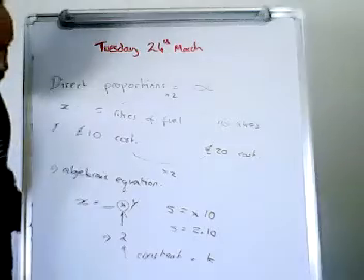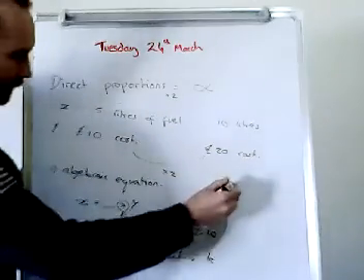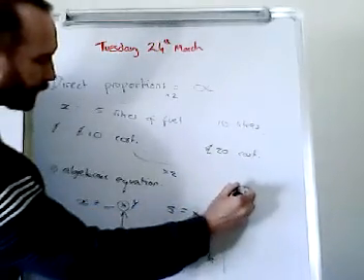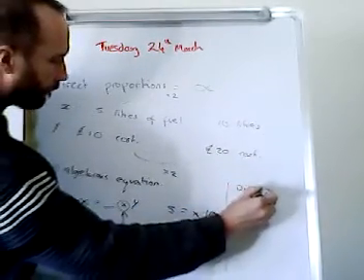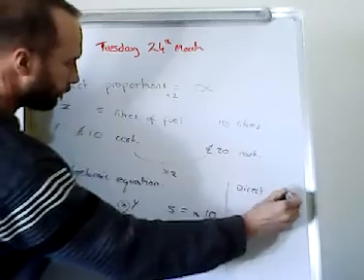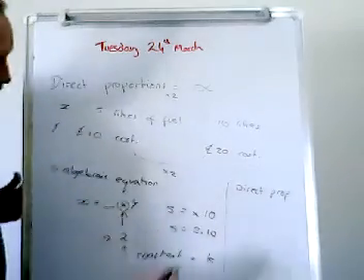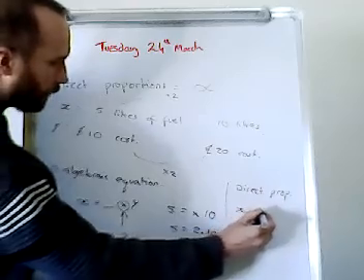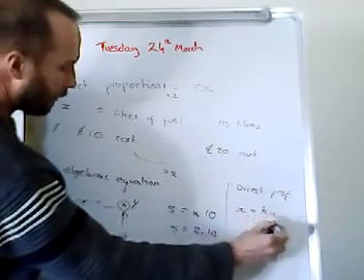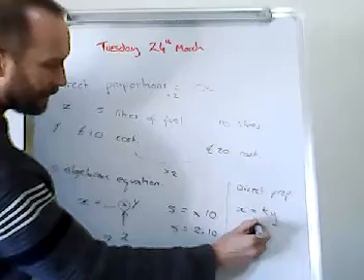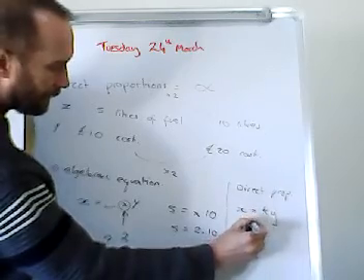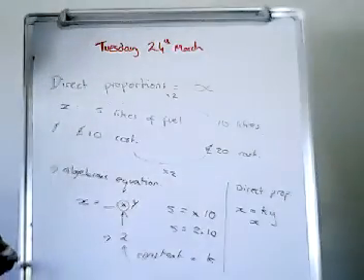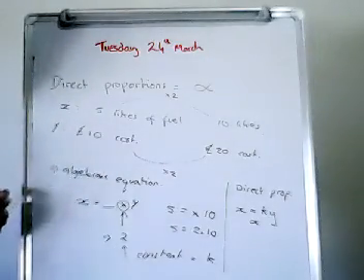So, for their working out, direct proportions always have x is equal to ky, or as they seem to write it sometimes, x is proportional to y. Okay? So that's what we talked about with direct proportions.